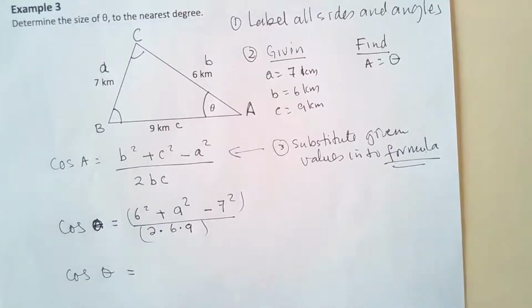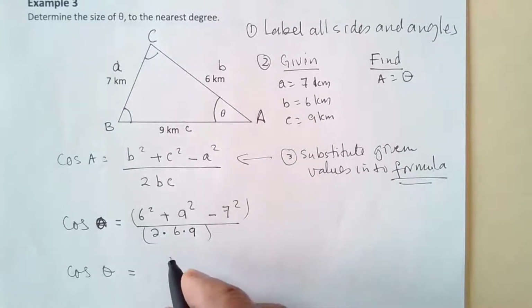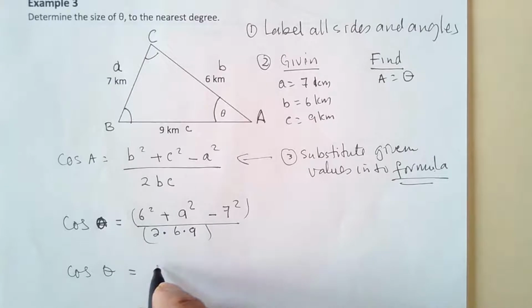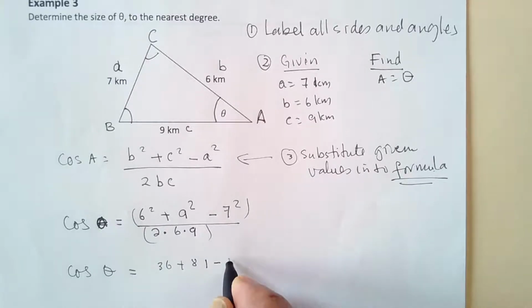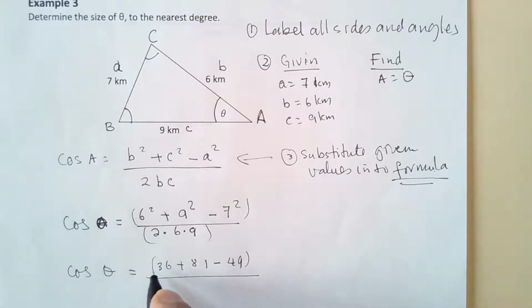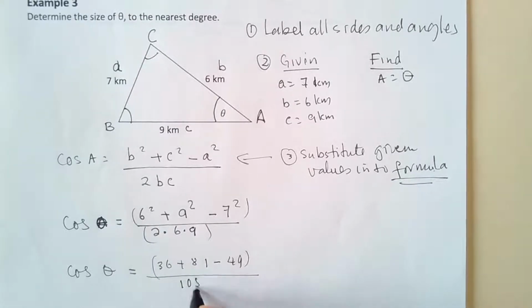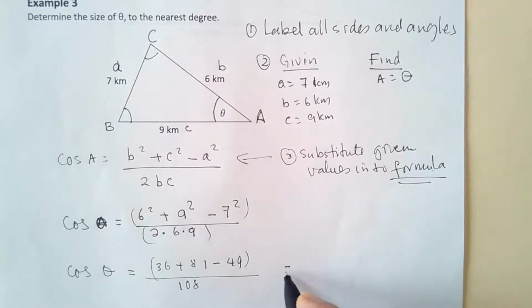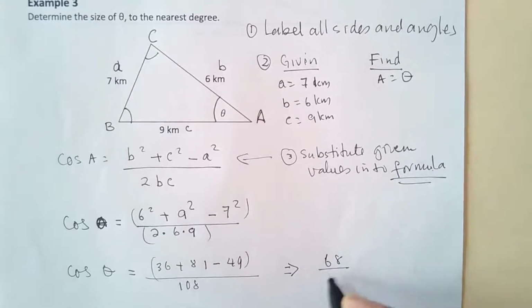Cos theta equals 6 squared, 36, plus 81, minus 7 squared, 49. 2 times 6, 12. 12 times 9 is 108. We can simplify this to be 68 over 100.